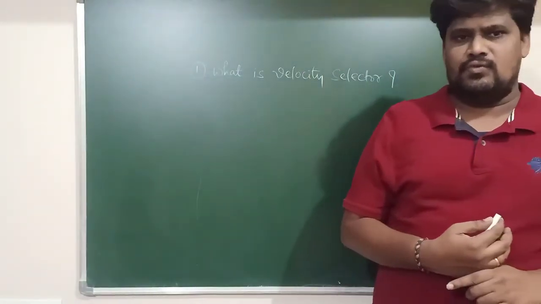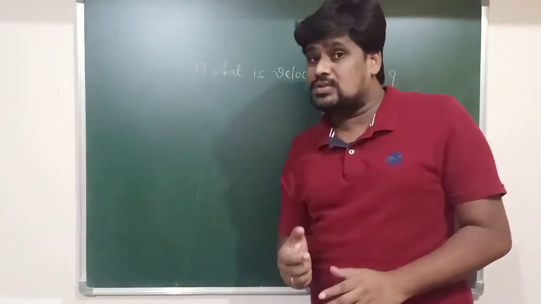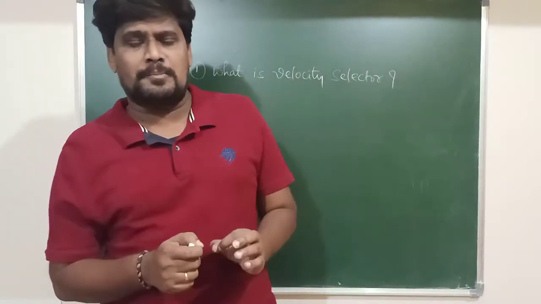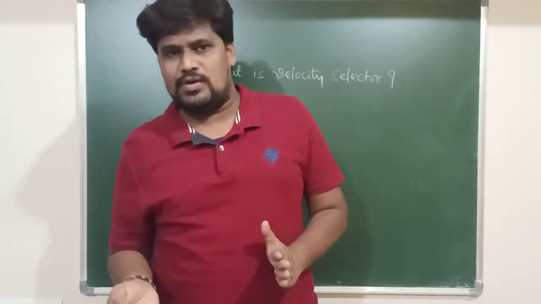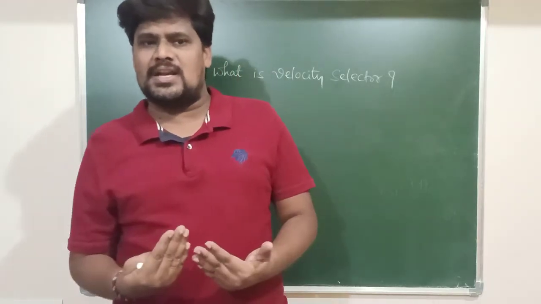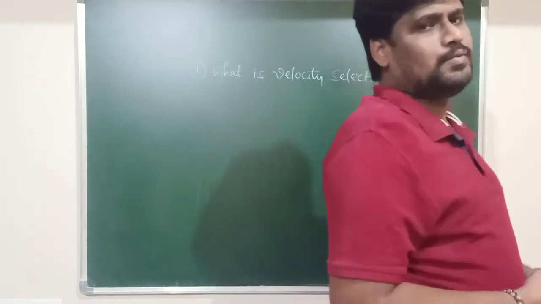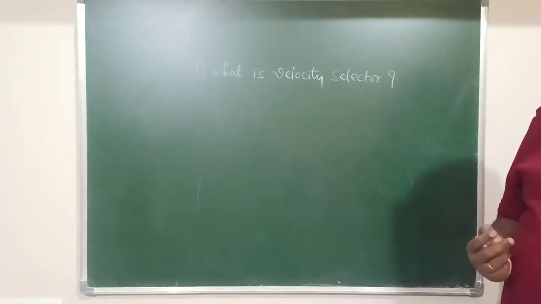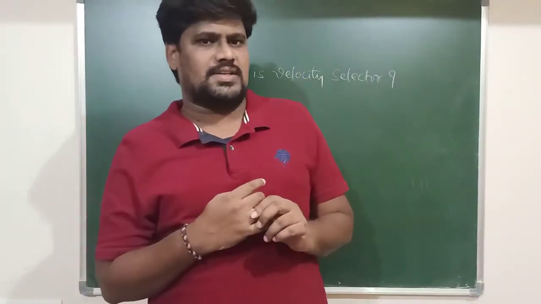Velocity selector is a device which is used to select charged particles of particular velocity out of the charged particles of different velocity. That particular device we will call a velocity selector. Now concentrate or focus on the definition of the velocity selector.